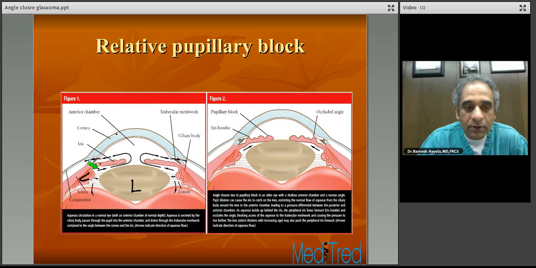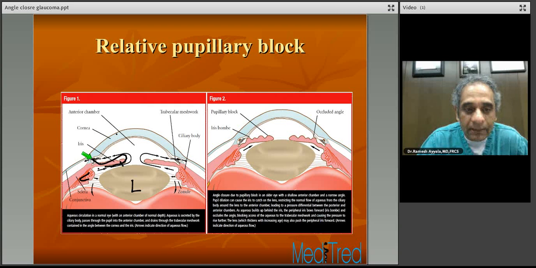So the closer this pupillary margin is to the anterior capsule of the lens, it's going to offer some degree of resistance. So this aqueous that's being produced in the posterior chamber has to overcome that resistance for it to go into the anterior chamber and from there exit out of the trabecular meshwork Schlemm's canal pathway.